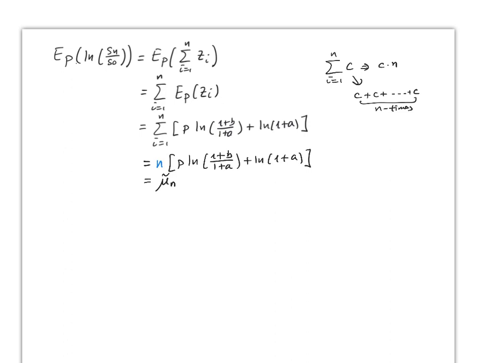Now, in a similar way, you can show that the variance with respect to P of ln of S_n over S_0 is equal to P times 1 minus P times ln of 1 plus B over 1 plus A, all squared, times n.